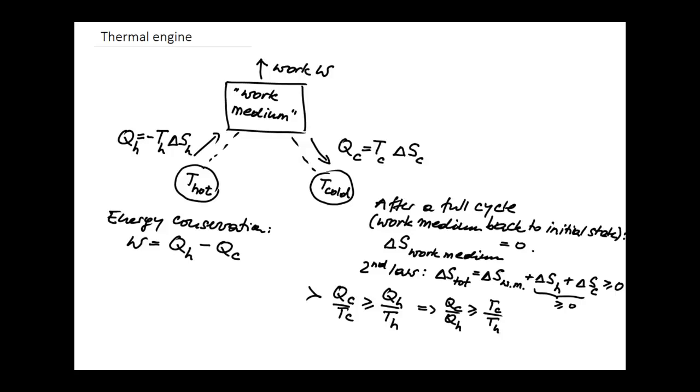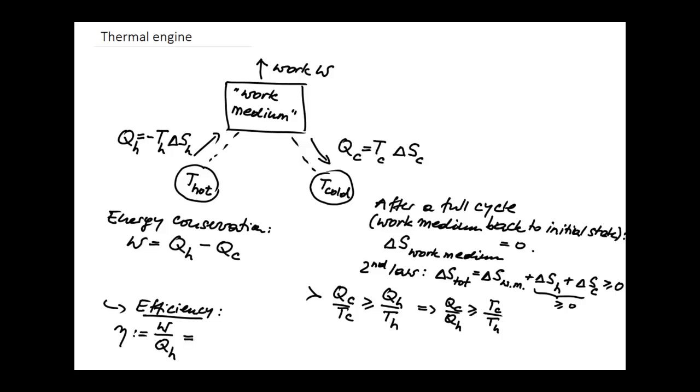Now we can introduce a parameter, eta, for the efficiency of the thermal engine. The efficiency of an engine is the fraction of the heat received from the hot reservoir that the engine converts into useful work W. So it's the work done by the engine over the heat received from the hot reservoir.